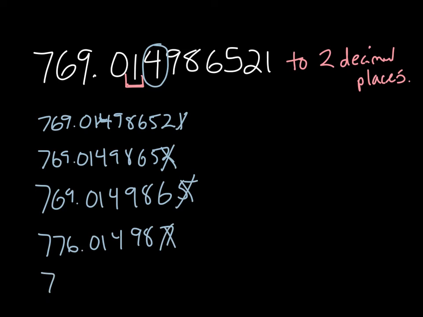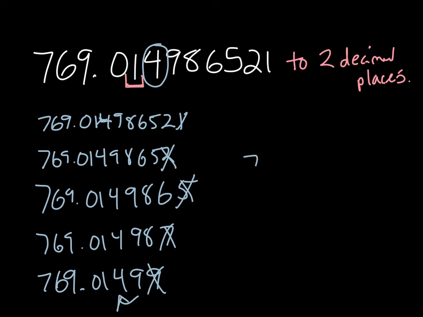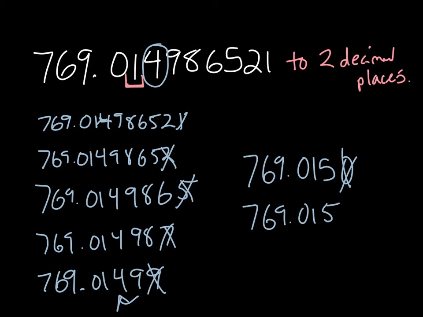The 7 makes the 8 go up, so that's 769.01499. That 9 makes that 9 go up. In order to make that 9 go up, I have to add 1 to the 4, so this is really going to be 769.015. That 5 makes the 1 go up to 769.02. This is bad. That was a big waste of time.